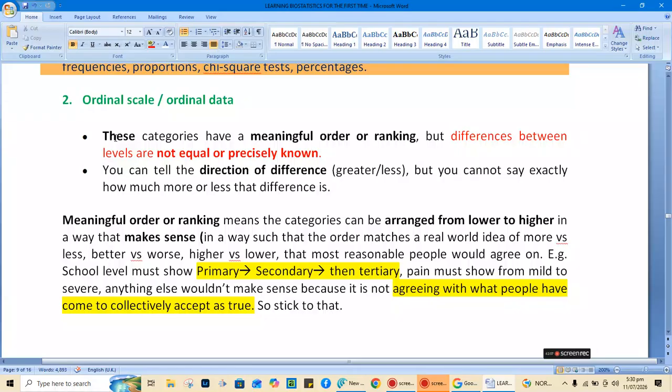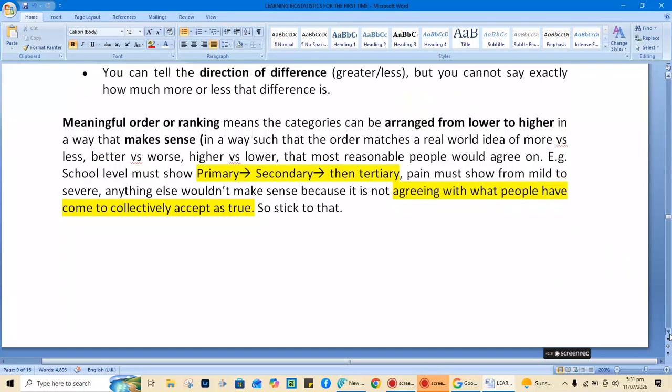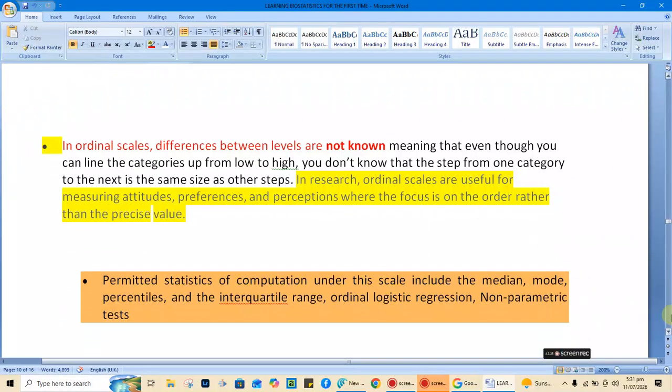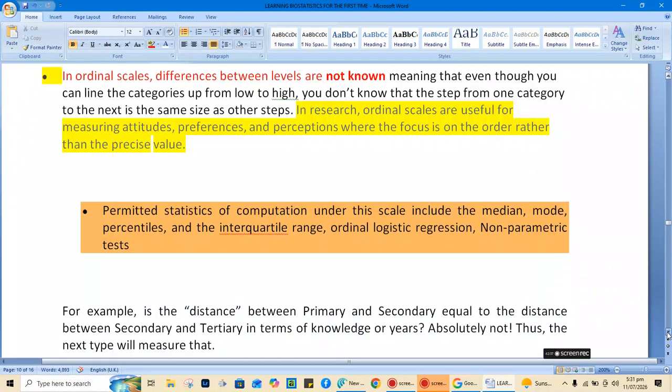For example, for pain, you have to collect your data in this form, to say low to severe, or better versus worse, less more. Okay, just like that. So in short, this is just a different way of collecting your data in a way that agrees with society. But you do not know the exact distance between those values.